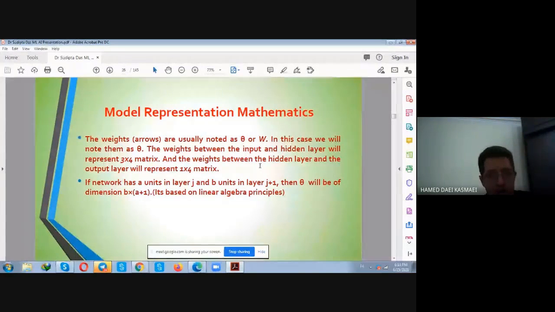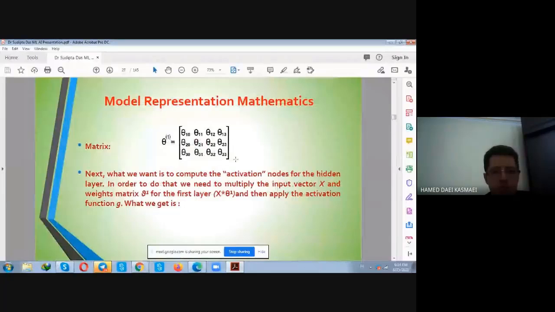That is very important for you, because the pure format of linear algebra is very hard for beginners in artificial intelligence or machine learning, but you need to know some of the main principles and concepts of linear algebra to know more about machine learning. So your matrix is here, theta 1 is here.